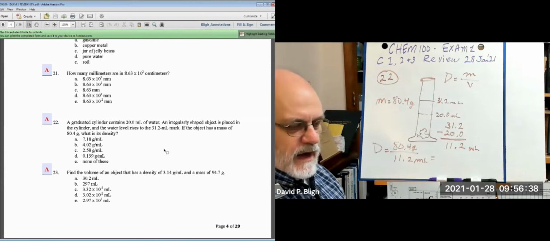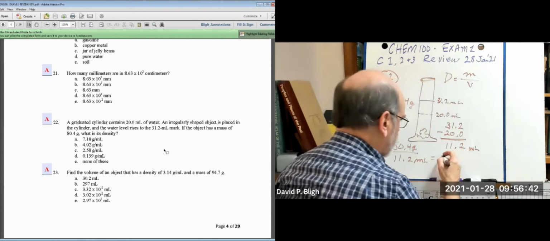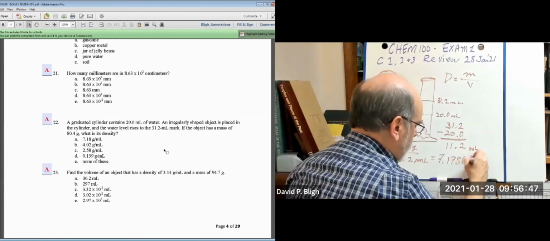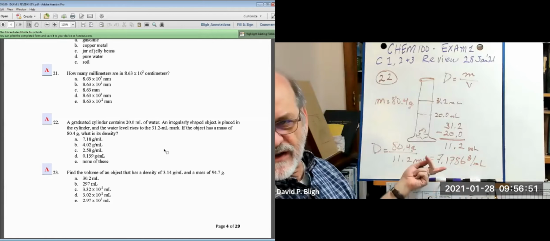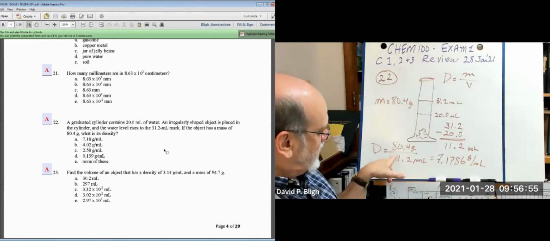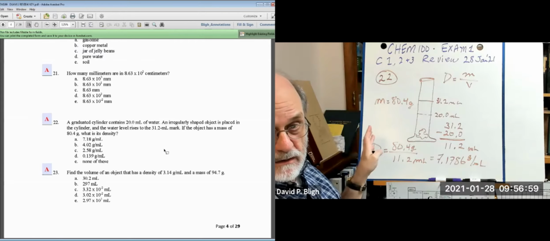So I've got 7.1786 grams per milliliter, right? That's too many significant figures, right? We can't legally keep all of them. But the answers, both of these, now we're in multiply divide mode.